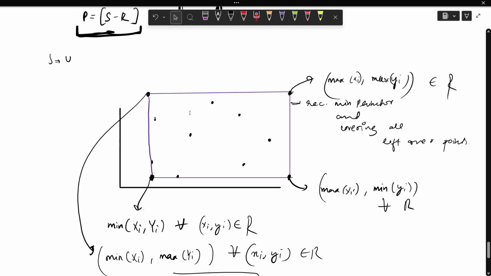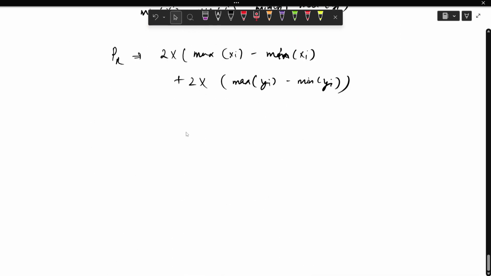Because if you try to calculate the length of this side, this is nothing but maximum of xi minus minimum of xi, and this side will be the same as this because they are parallel and the starting coordinates are same. So we do 2 times maximum of xi minus minimum of xi, and similarly for the y-axis.